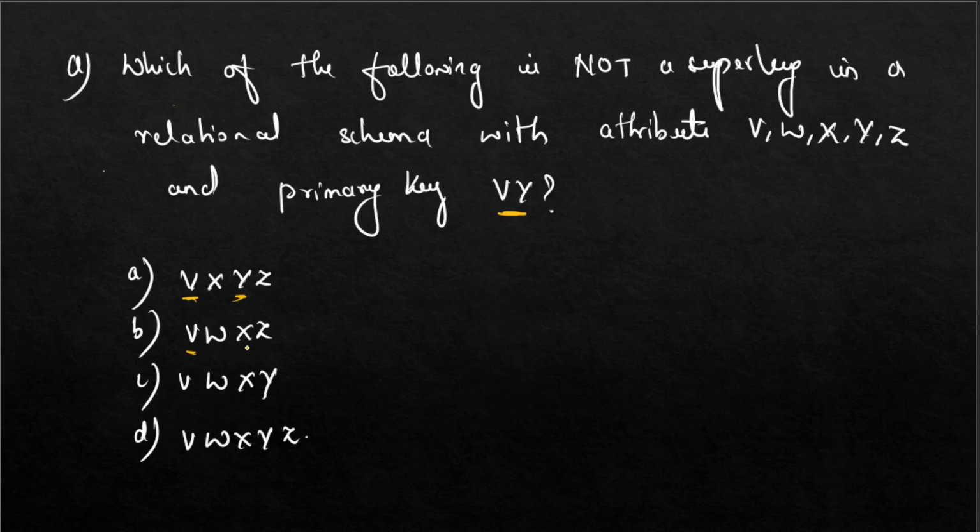After that, VY is not present here. So how can it be a super key? Okay, so B is correct. Again, VY is present here with some attributes. So this is a super key. VY is present with some other attributes. So these are the super keys. Okay, everyone. So which is false? B is the correct answer. So I hope you all got this.